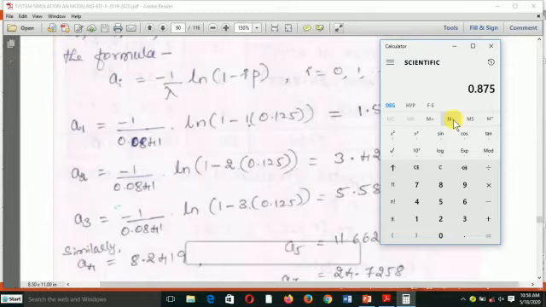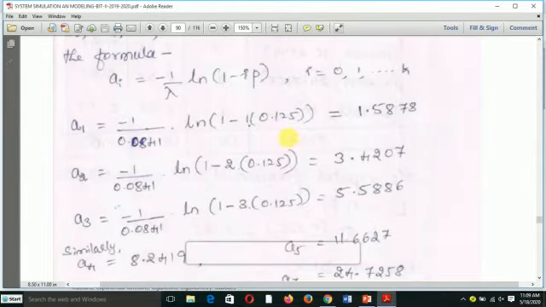Then you can calculate the ln or logarithm. So let's check using the calculator, or you can use your own.